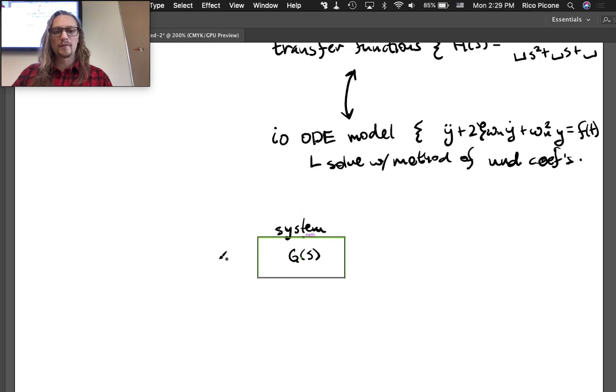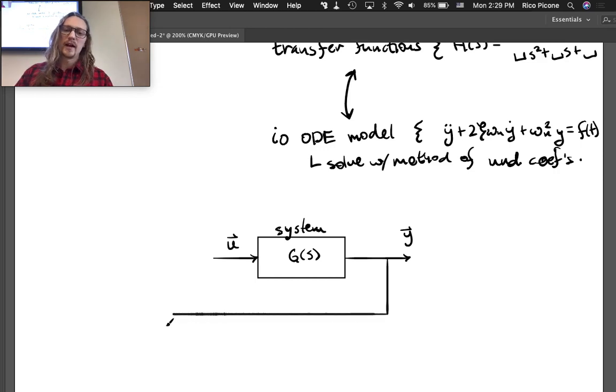We have an input coming in, u, and an output coming out, y. Now what we're going to do is measure what the output actually is, and feed it back.